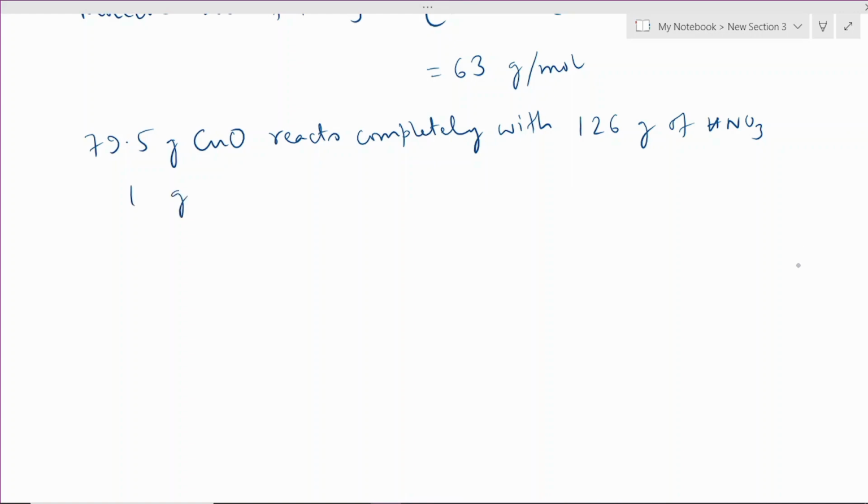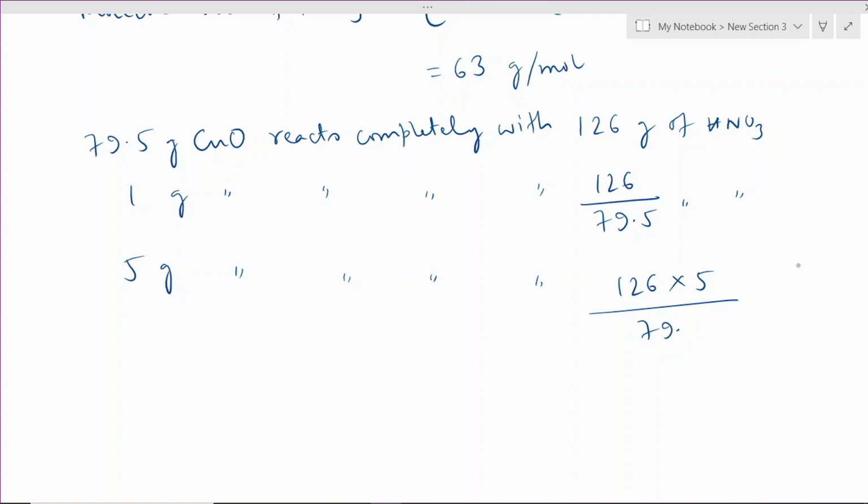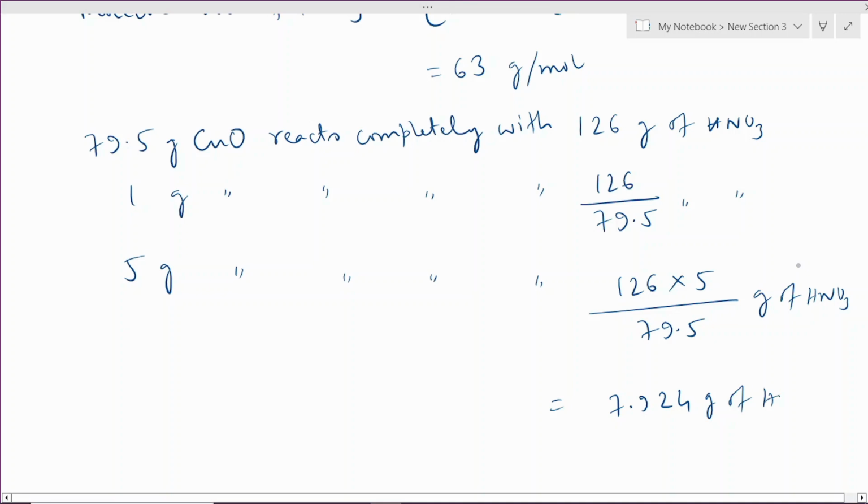So 1 gram cupric oxide reacts completely with 126 upon 79.5 gram of HNO3. So 5 gram of cupric oxide reacts completely with 126 into 5 upon 79.5 gram of HNO3. So you can get the value 7.924 gram of HNO3.